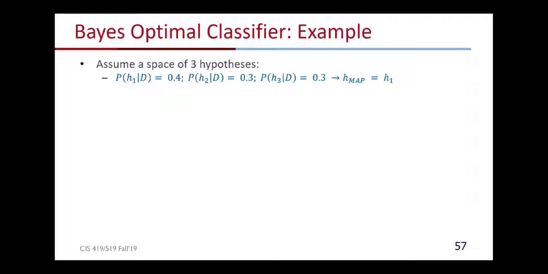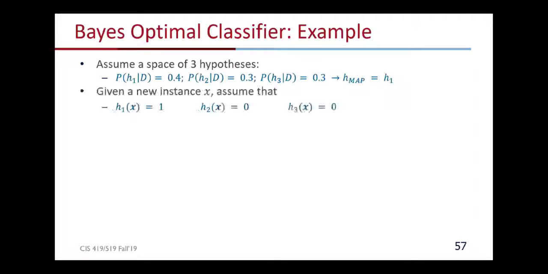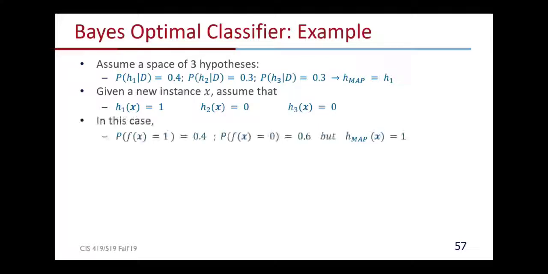Given these numbers, you're going to choose H1. Given this selection, if I give you a new instance, and you know what the prediction is for each one of the hypotheses on this instance, given that you already committed to choose H1, you're going to predict 1, because H1 says that X has to be predicted to 1. So basically, that's going to be our prediction.